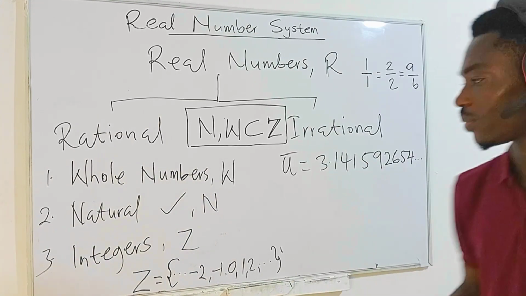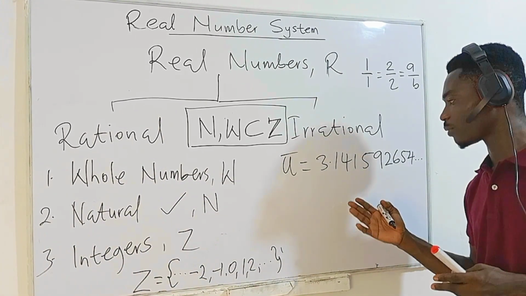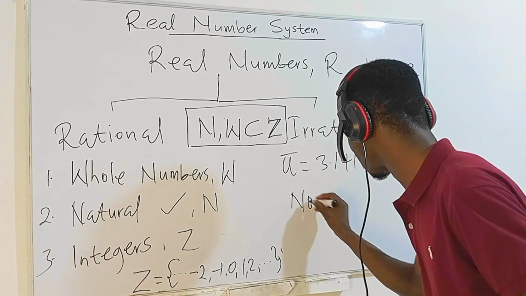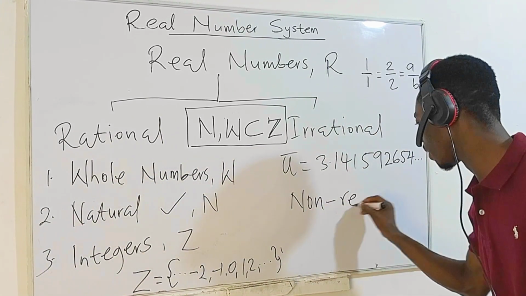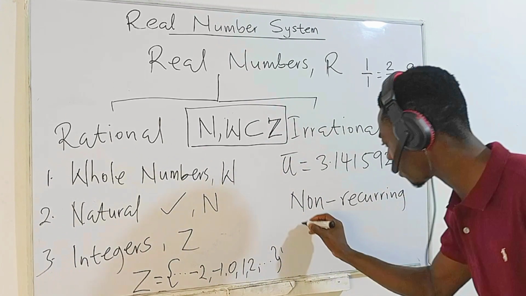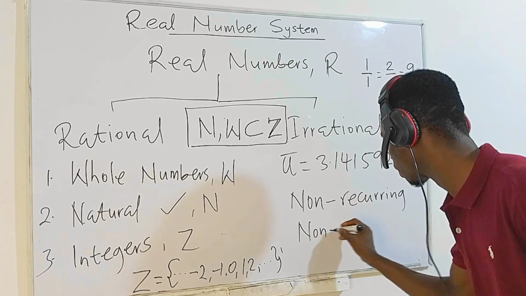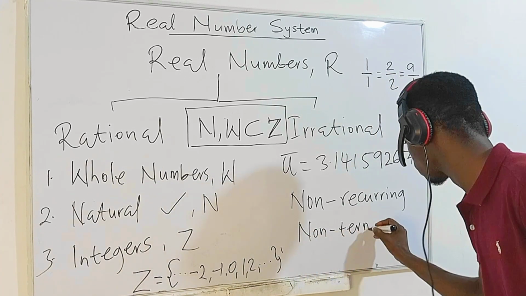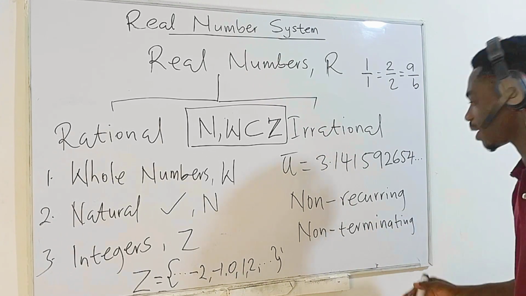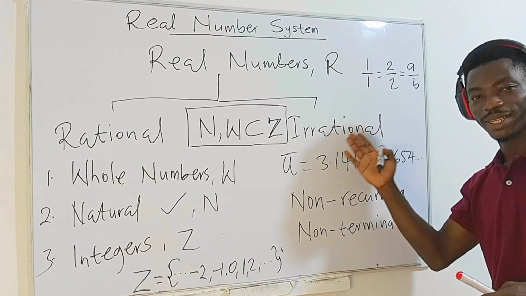Why? Now, there are two cases that we need to consider for a number to be irrational. The first one is if the number is non-recurring, at the same time non-terminating, then we are saying that that number is irrational.